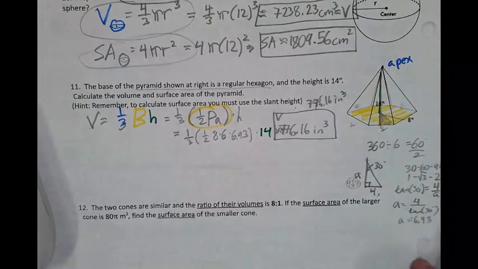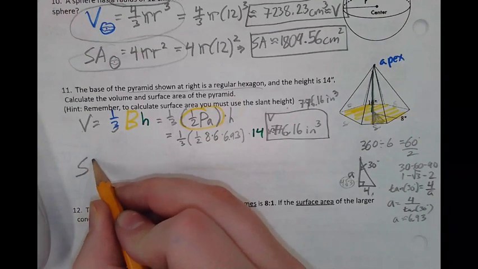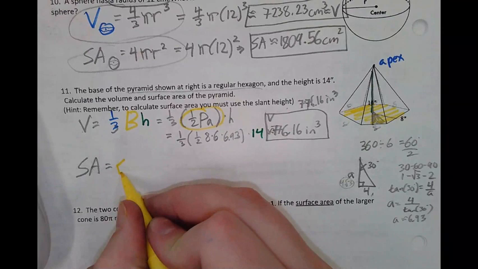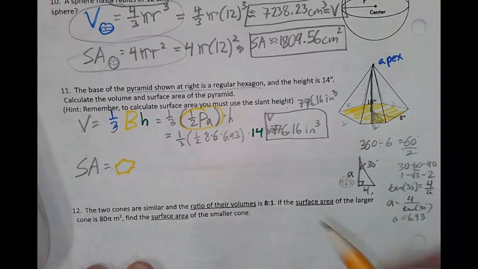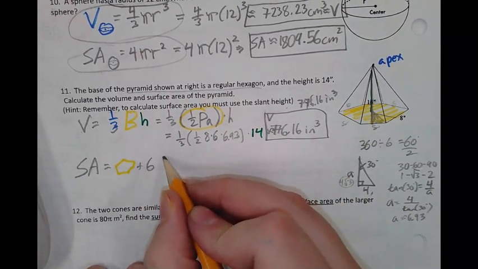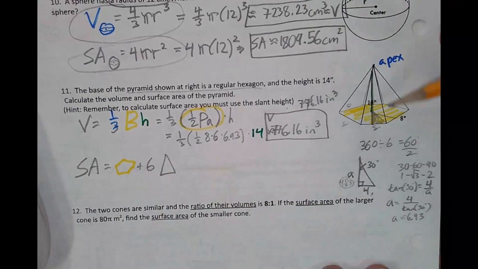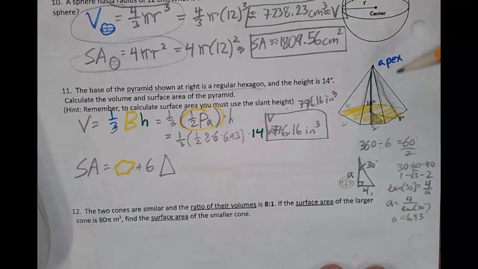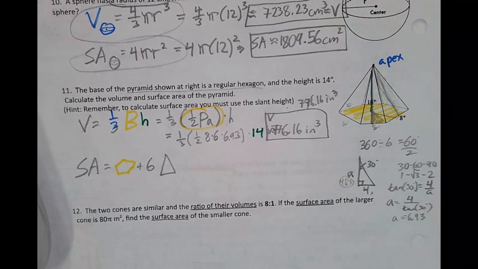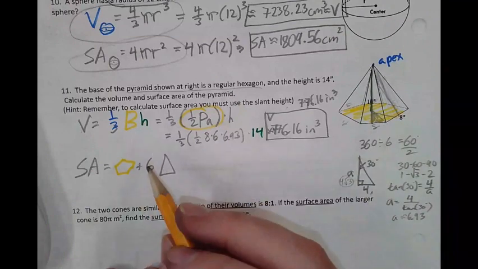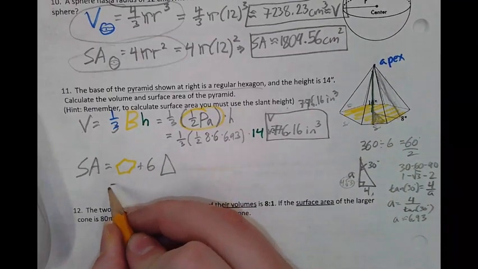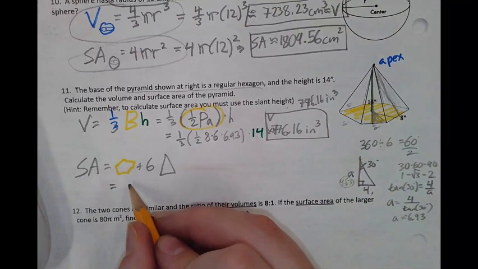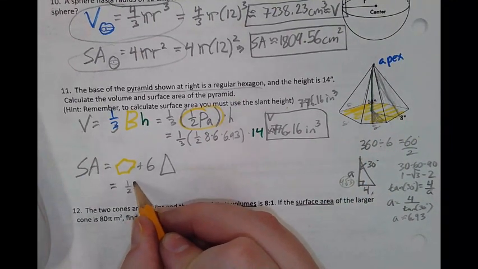Okay, next up is the surface area of this shape. For the surface area, we do have our regular hexagon, and we also have 6 triangles. For the triangles, remember we need the slant height. We need to figure out what the slant height is to figure out the triangle. So there's multiple issues we have going on here, but we're going to be able to solve it. So the surface area of the hexagon was 1/2.